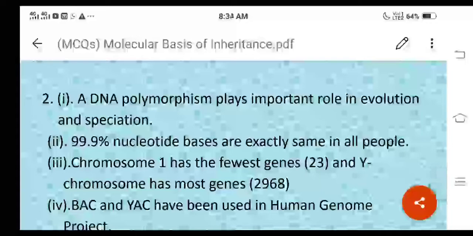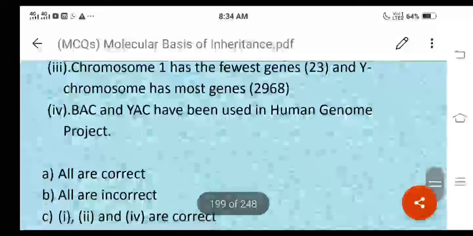Third: chromosome 1 has the fewest genes and the Y chromosome has the most genes. Fourth: BAC, which stands for bacterial artificial chromosome, and yeast artificial chromosome have been used in the Human Genome Project.